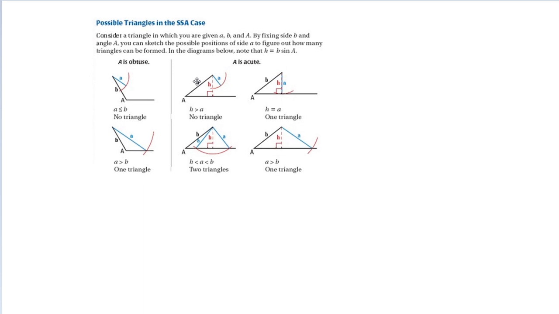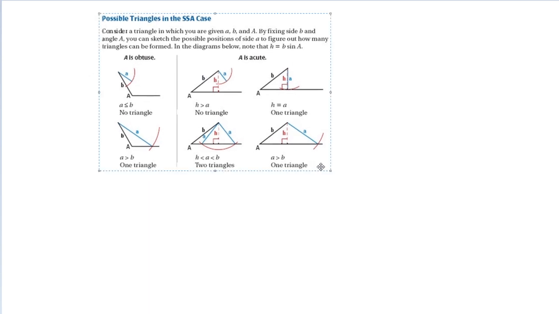Sometimes you will be asked to determine whether the lengths given are sides that make a triangle or not. So a couple things. First, we need to consider the actual angle.